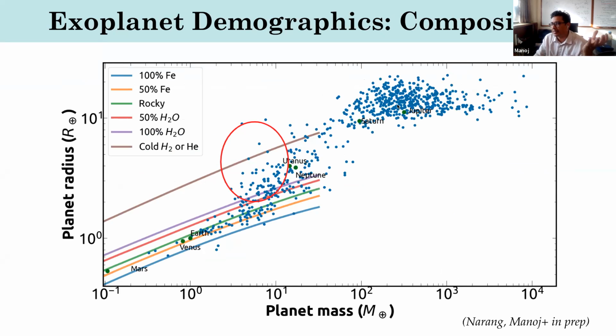For example, Jupiter is 300 times the Earth's mass, and most of it is hydrogen and helium. We believe it has about 10-15 Earth masses of rocky core inside, but it's mostly hydrogen and helium. But you can't really extend these models towards the giant planets, as these are really for rocky planets.